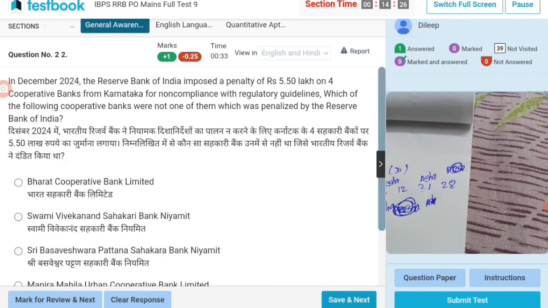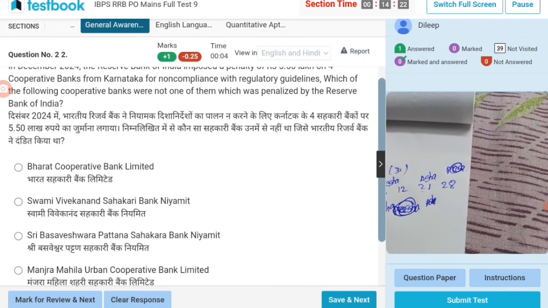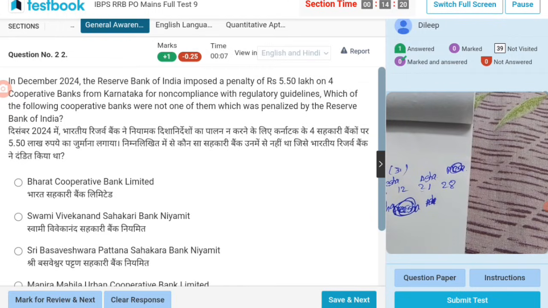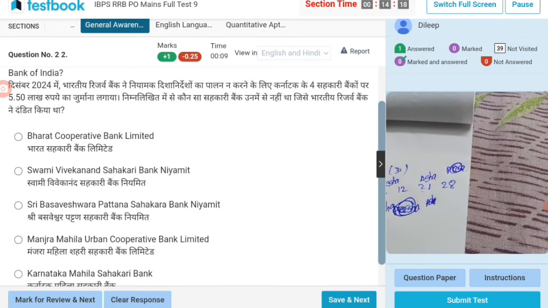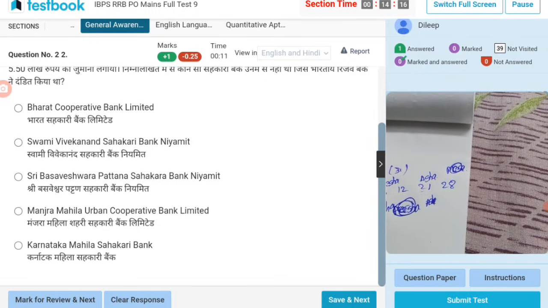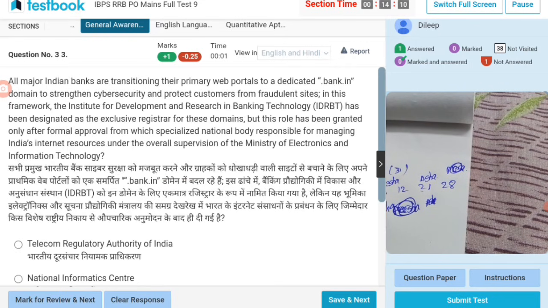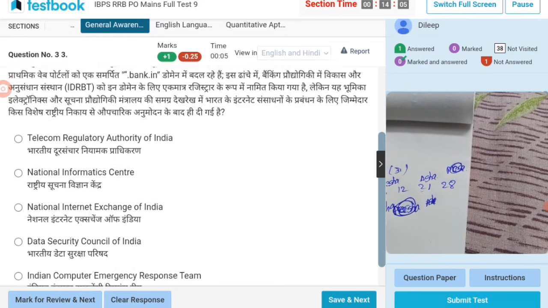Parasocial. In December, the Reserve Bank of India penalised cooperative banks. All major banks are transitioning their primary web portals to .bank.in.